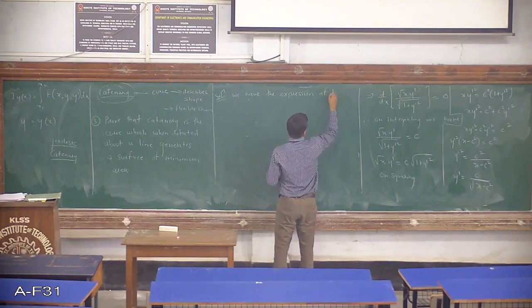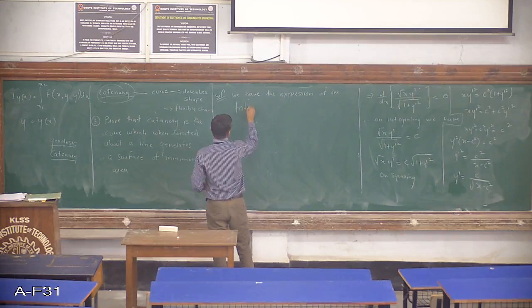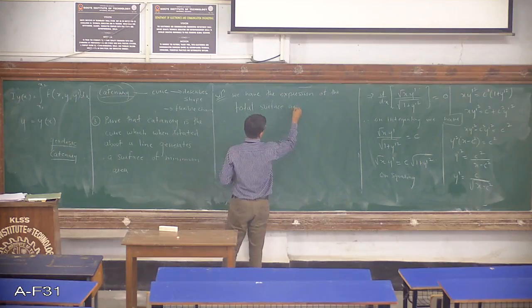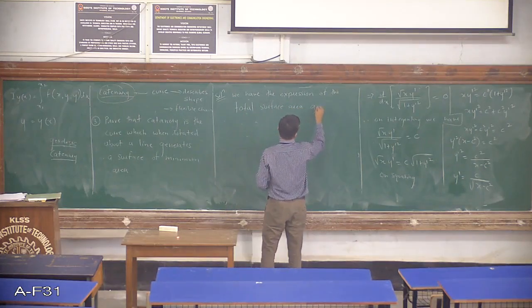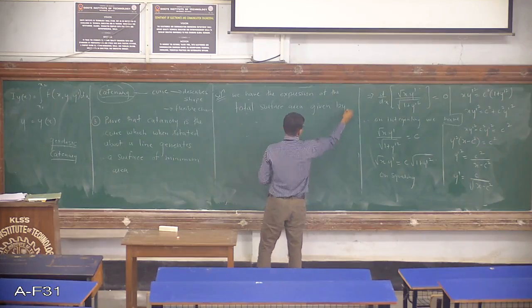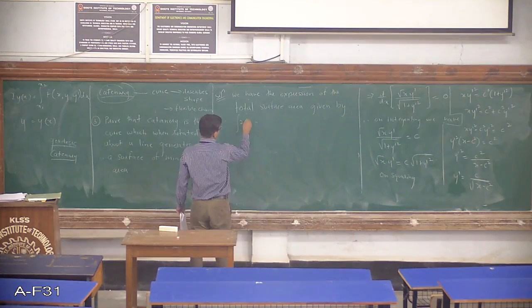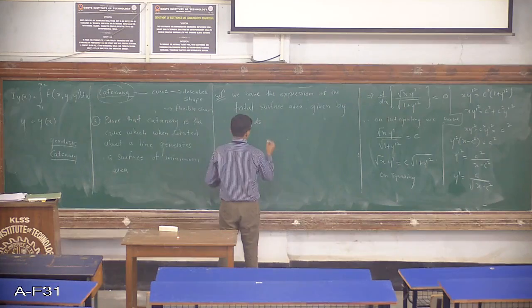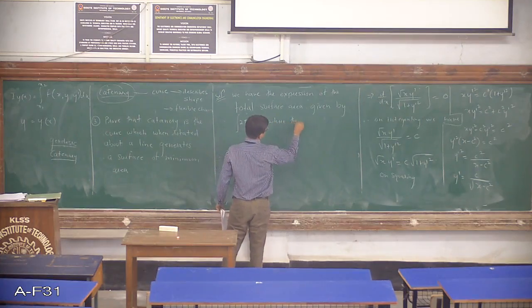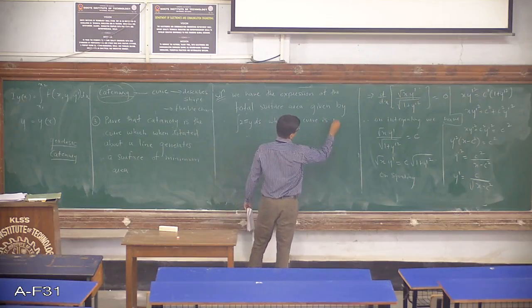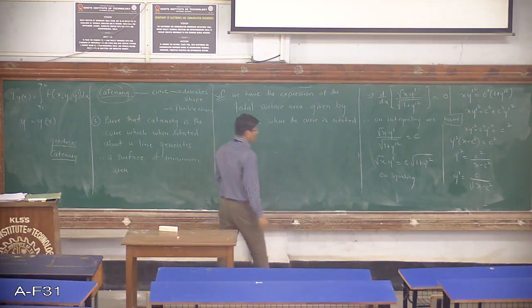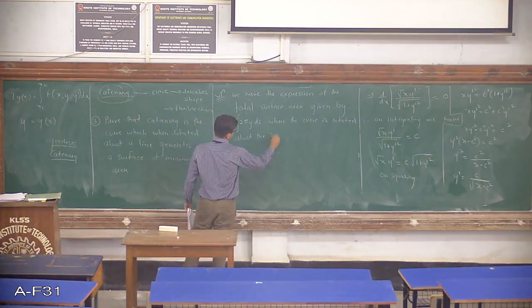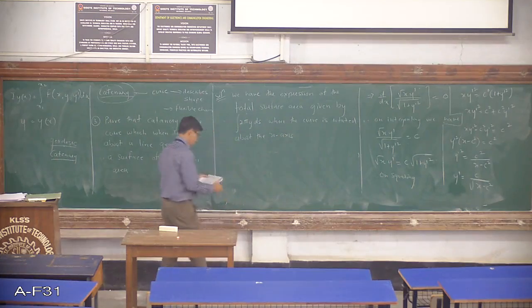We have the expression of the total surface area given by integration of 2 pi y ds, where the curve is rotated about the axis, about the x-axis.